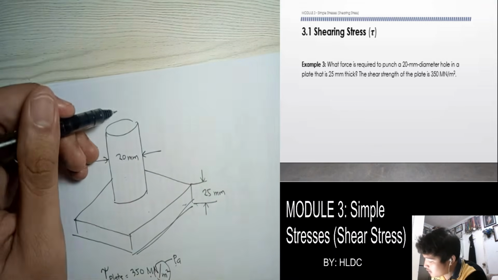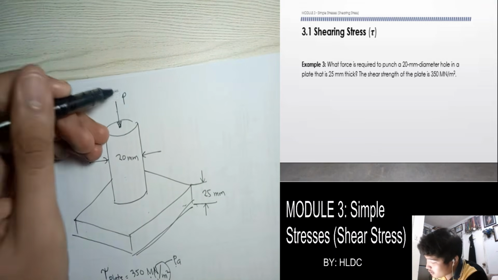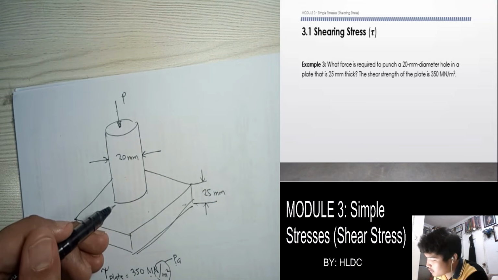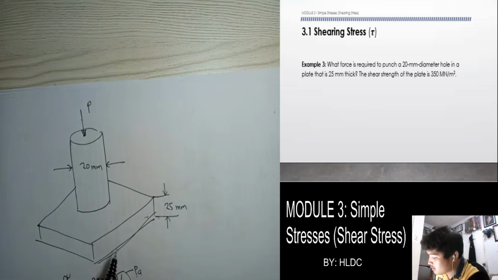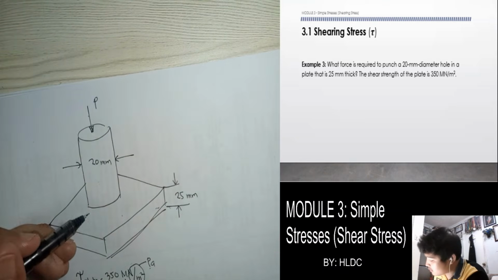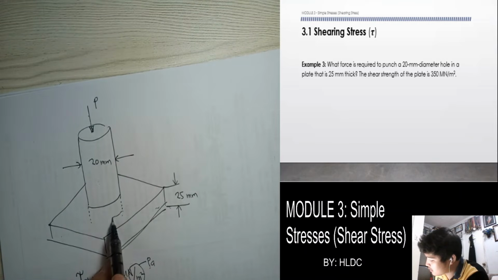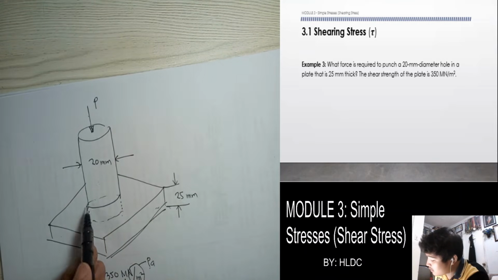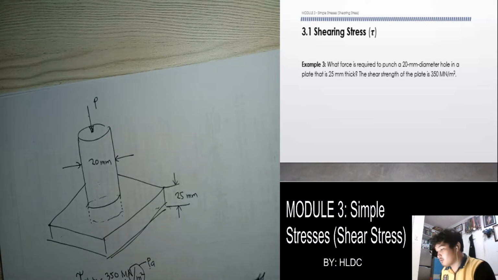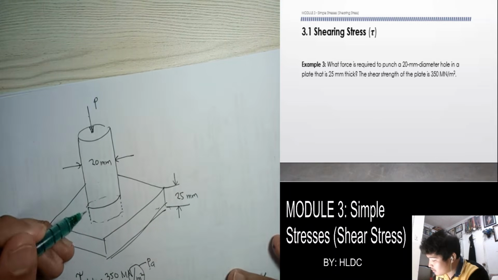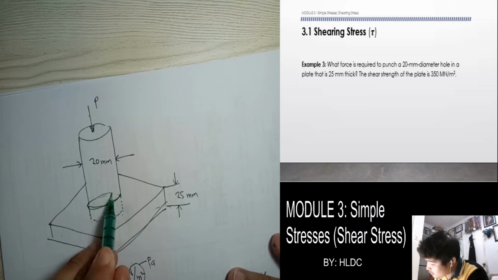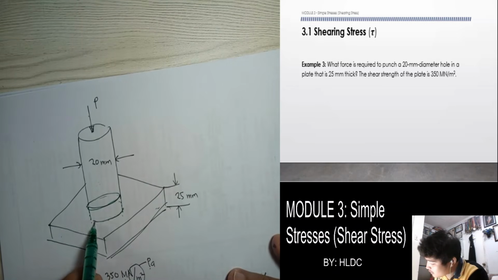So di ba dito lalagay yung force P. Okay, ngayon para mabutas to, ano nga ulit yung gagawin dito class? So para mabutas to, let's say ito yung hanggang sa thickness t pa, so ganyan yan. Okay. So di ba yung sheared area dyan class is yung itong nakapalibot. Diba? Nagawa na natin yan last time, diba?